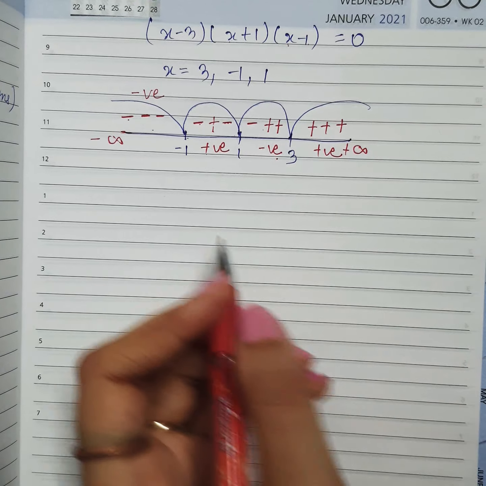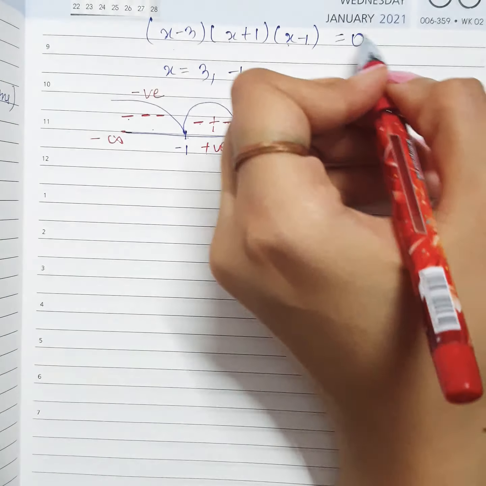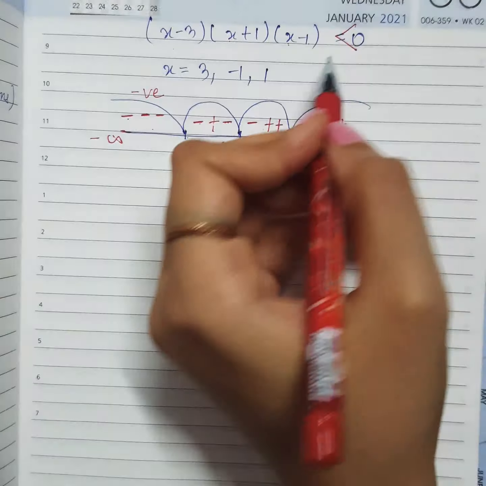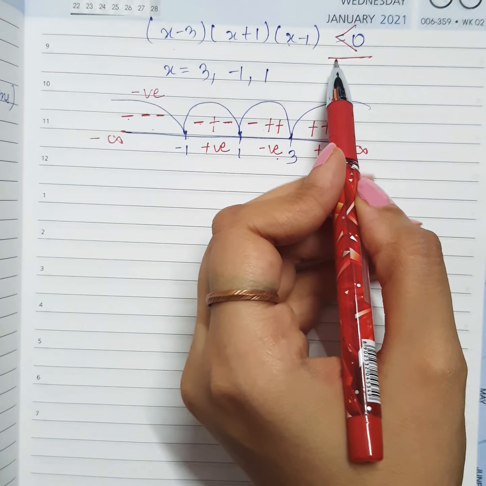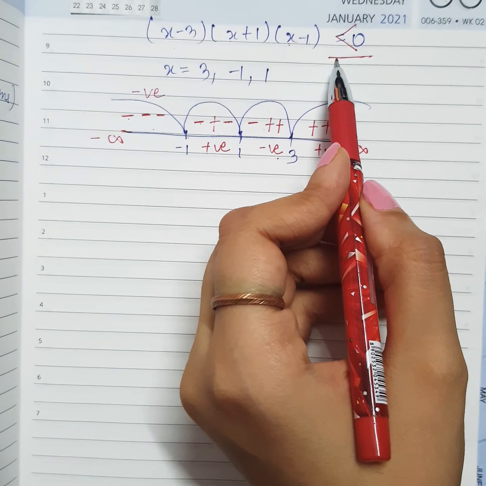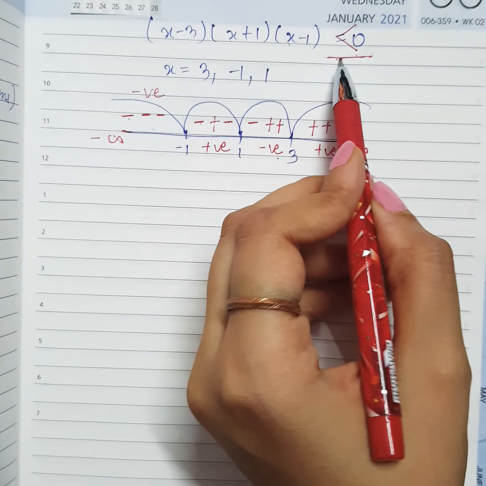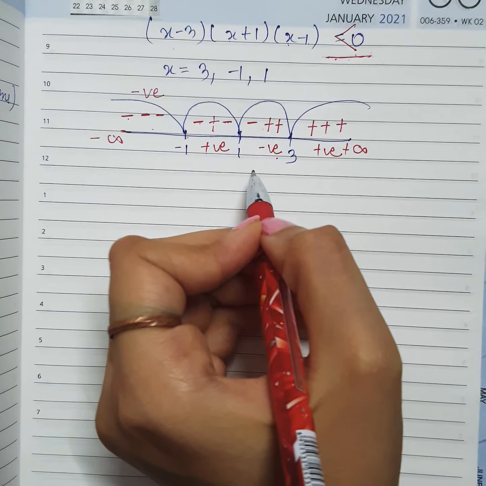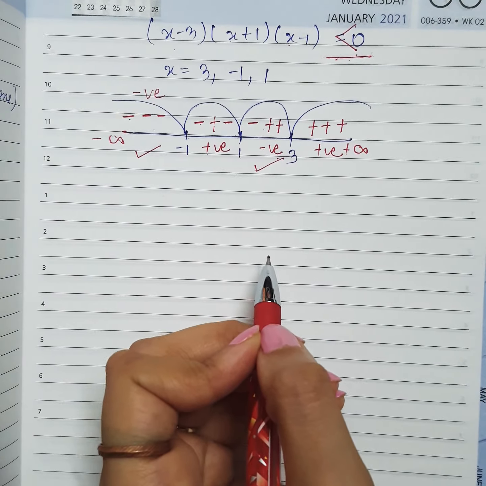Now our expression was this less than 0. That means I want the expression to be negative. And when is the expression going to be negative? In this range as well as in this range.